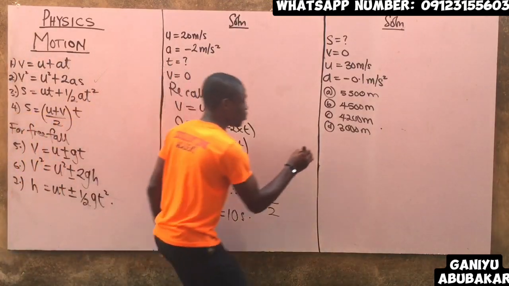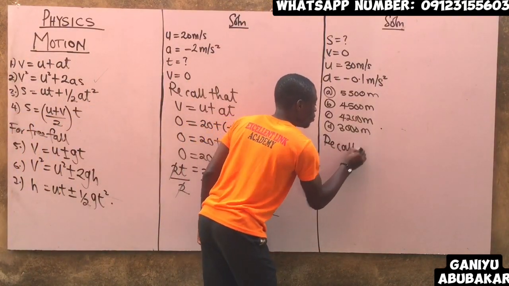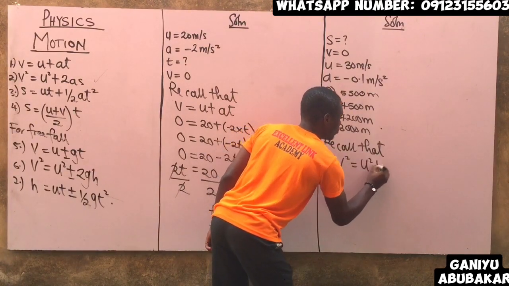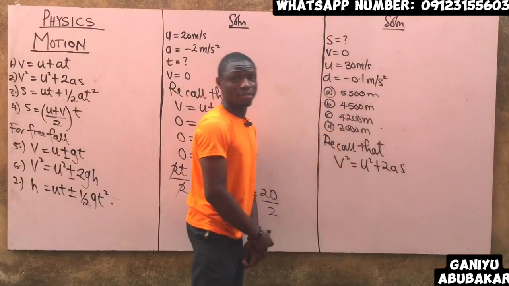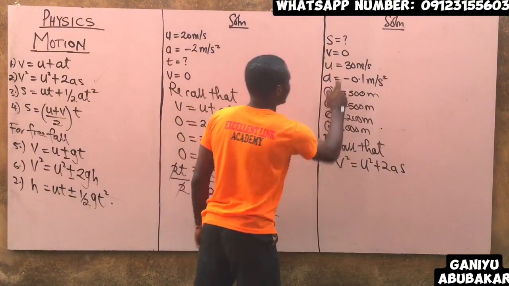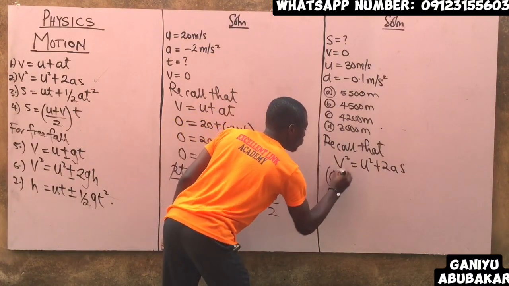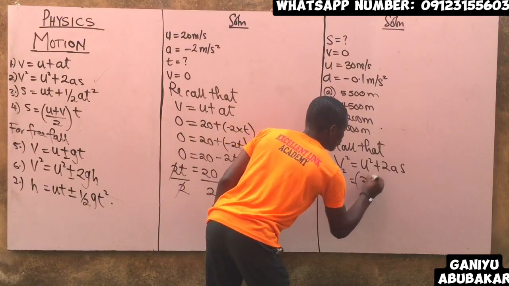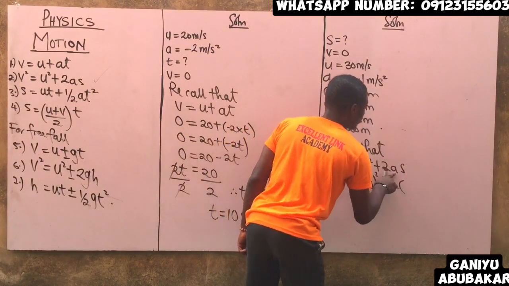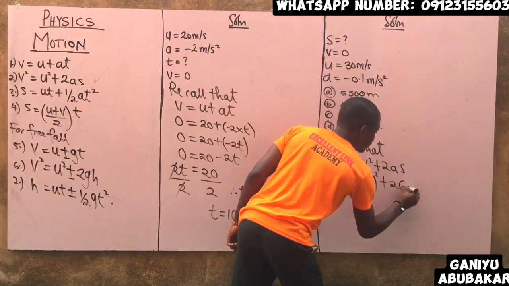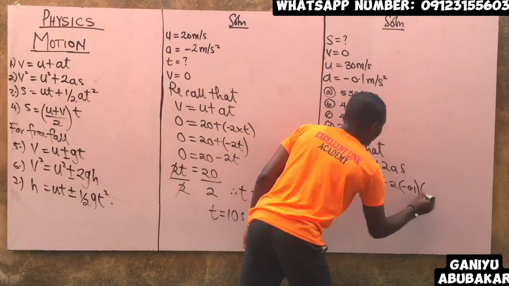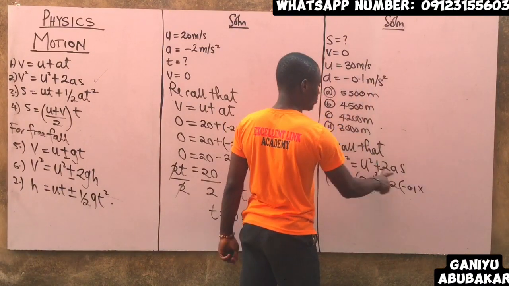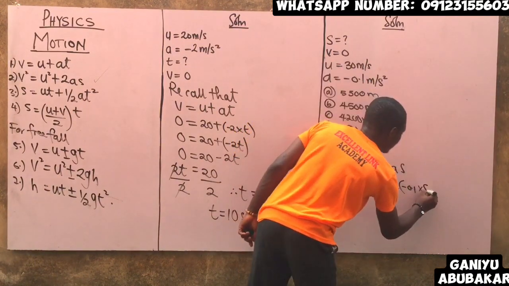So from here, recall that we said v squared is equal to u squared plus 2as, right? So from here, what's v? v is 0. I have 0 squared is equal to, what's u? That's 30 all squared, plus 2 into, what's a? a is minus 0.1, multiplied by s, which is unknown, right?